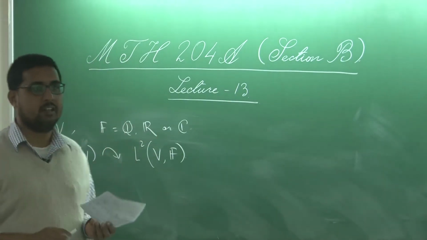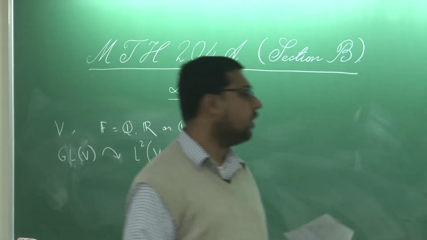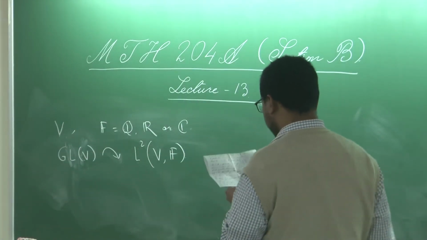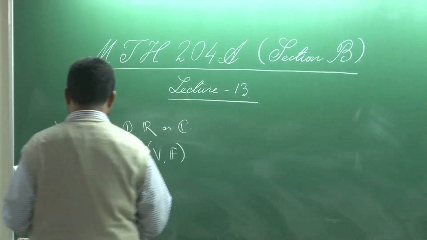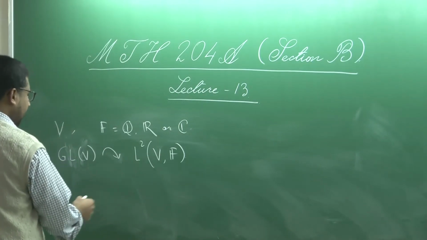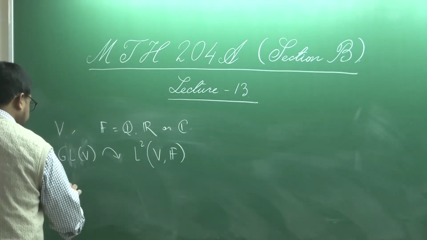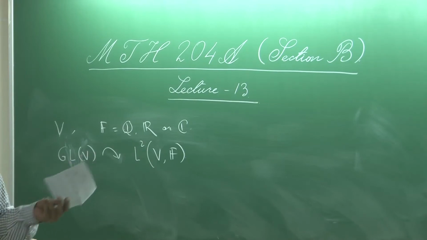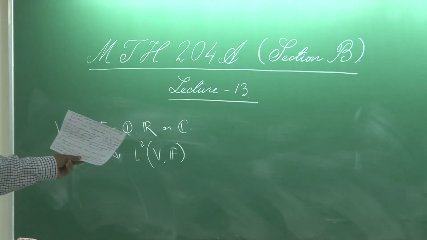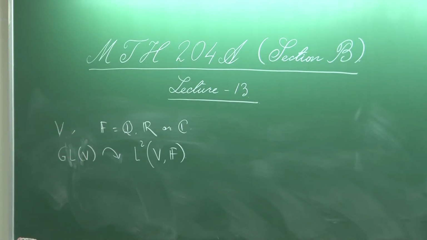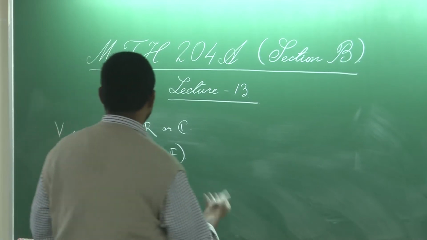What about this action? Is this action transitive? Actually this action is not transitive, because, for example, the zero bilinear form is not going to give us anything other than 0.